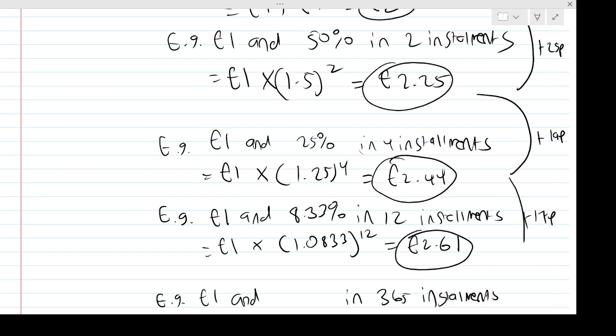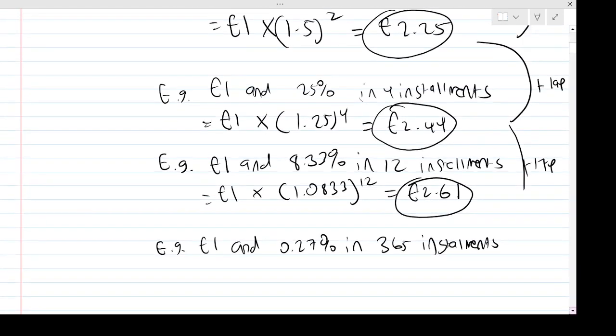If I do that, then 100% split into 365 is roughly 0.27%. So we start with £1, and then our interest is going to be 1.0027 to the power of 365, because again, 365 installments, 365 payments.